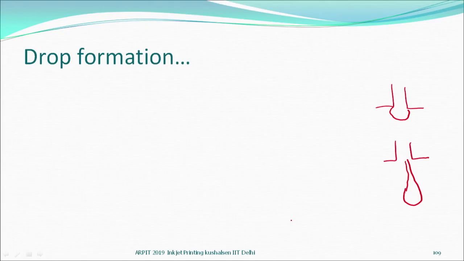Let us say drop formation. When a drop comes out of the nozzle, it would like to take a spherical shape, which is because of the surface tension that we have.